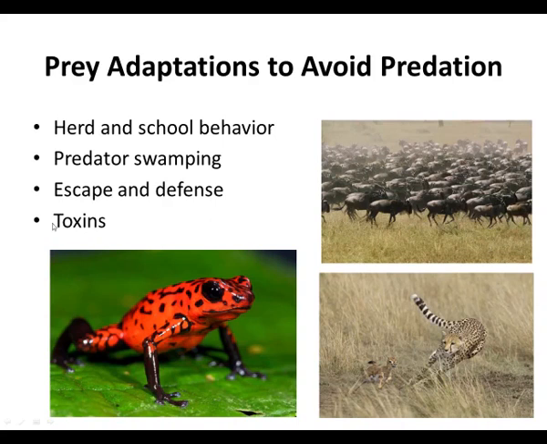And also some have toxins, like in this poison dart frog. So they basically say, don't eat me. If you eat me, you'll be dead. So they have these warning colors, very bright reds, oranges, and yellows. And then predators have learned that if you eat this, it's going to be either very distasteful or you will be dead.